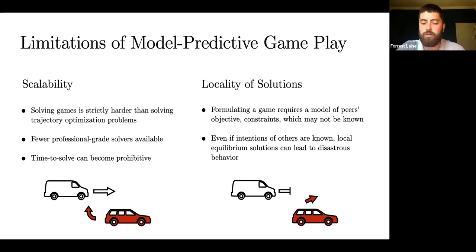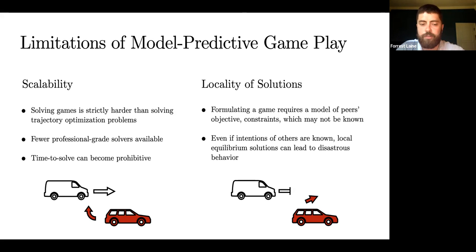And that's a problem even with the trajectory optimization problems. But when you start getting into the realm of games, this can be a much more problematic issue, because suddenly your solution is making strong assumptions about what other people are going to be doing. So if we look at this little cartoon on the bottom of this slide, you have this van and the station wagon.